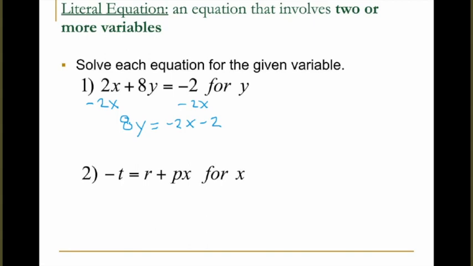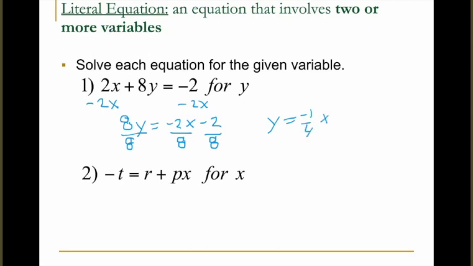And then we need to get y by itself. So to undo this 8 times y, we divide, and we must divide everything by 8, so everything on both sides. And when we do this, we're left with y. Negative 2x over 8 is negative 1/4 x.